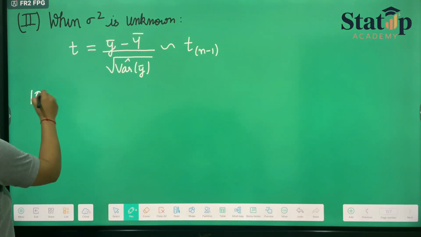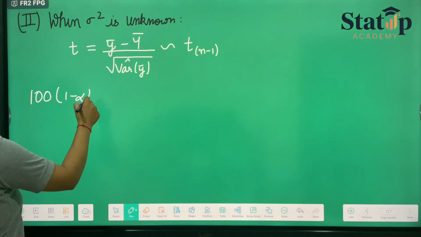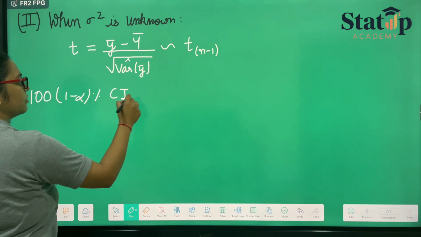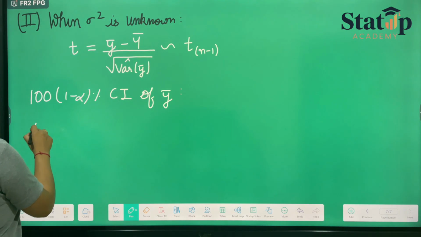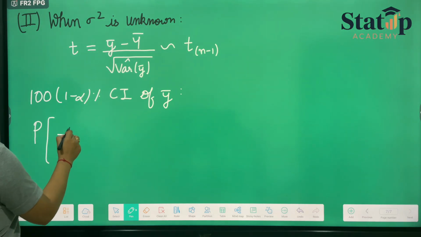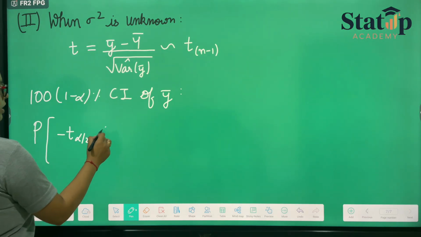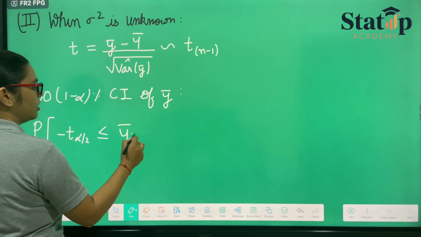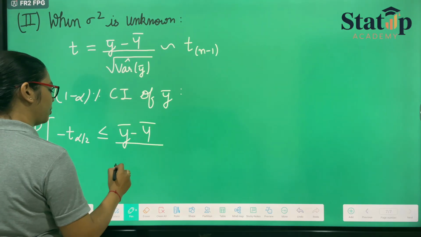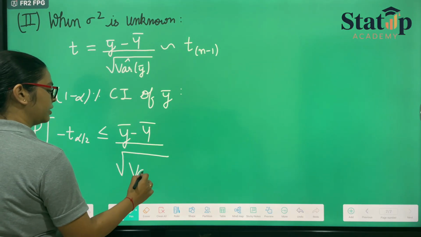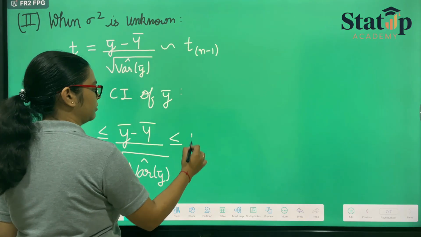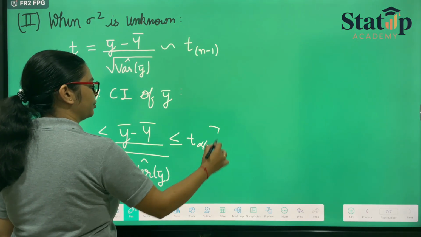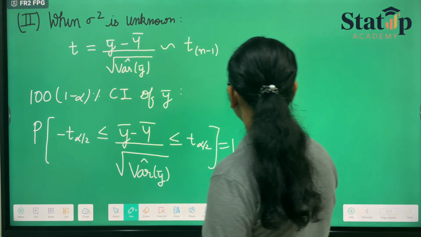So the 100 into 1 minus alpha percent confidence interval of y bar is given by the probability that minus t alpha by 2 is less than y bar minus capital Y bar upon under root of variance of y bar, which is less than or equal to t alpha by 2, is equal to 1 minus alpha.